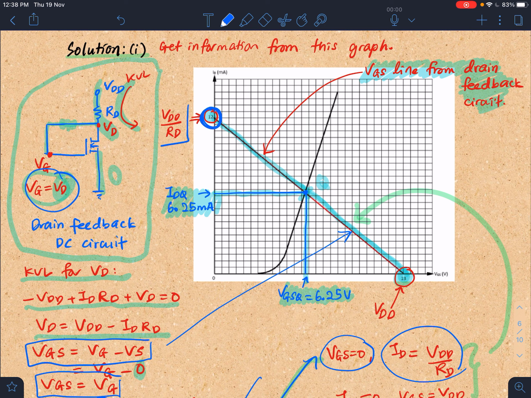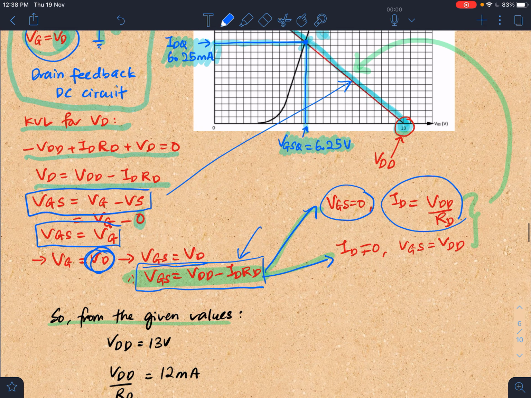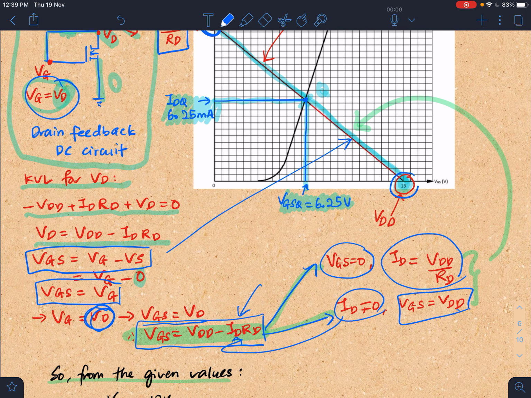Then for the second point, when ID equal to 0, substituting in this equation we get VGS equal to VDD.